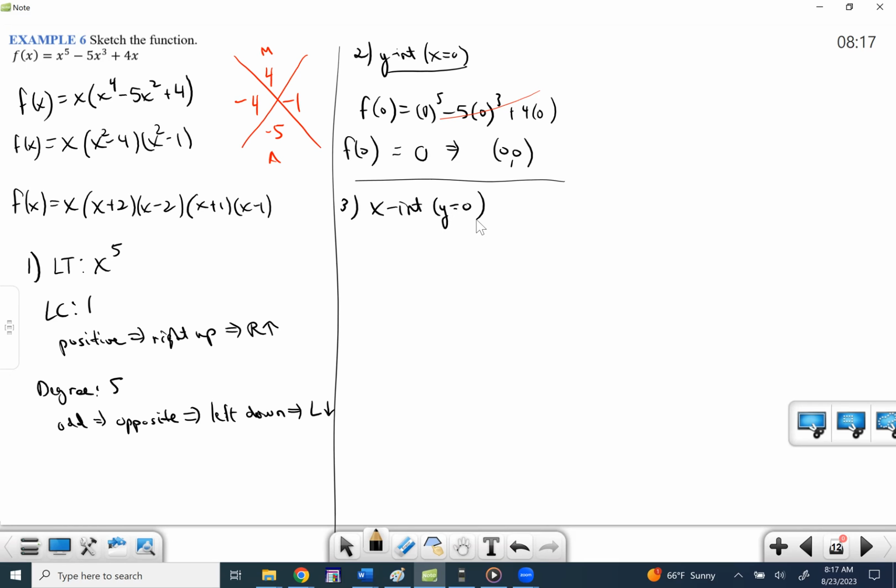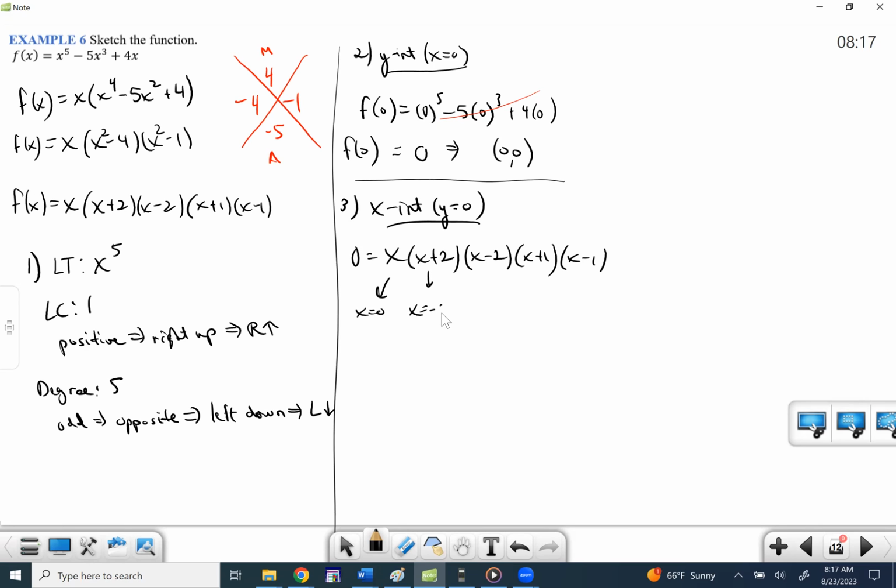So for the x-intercepts, we let y be 0. And we want to do that on the factored version, not the original. So I'm going to go 0, and let me write out all those factors we worked so hard to get. So if we set each piece equal to 0, let's just go for it.